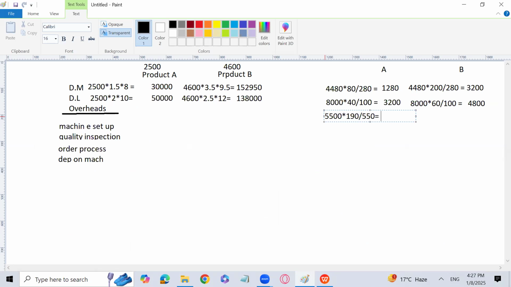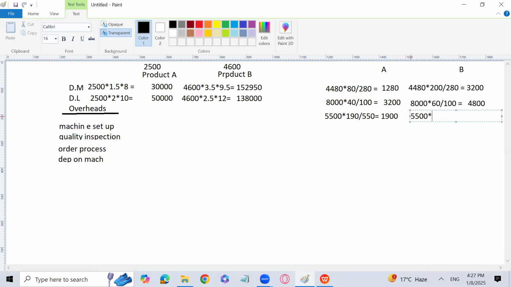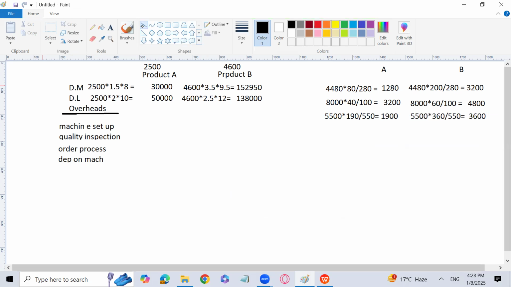So what is the answer? 1,900. Now 5,500 again, multiplied by 360 divided by 550. That is 3,600.